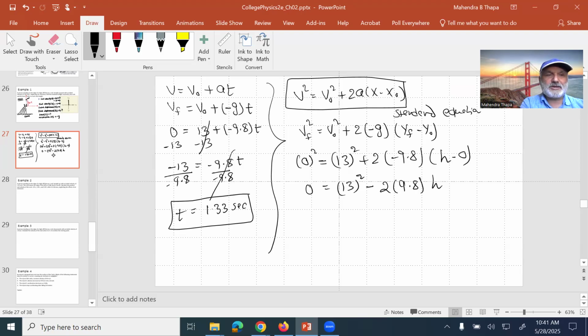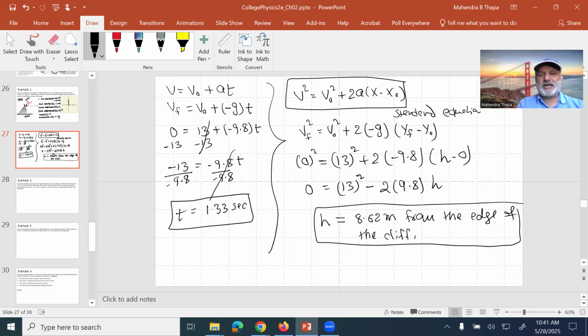I do a little algebra. Once I solve, I get h equals roughly 0.086 meters from the edge of the cliff. So we figured out both the time and the height to reach the maximum height.